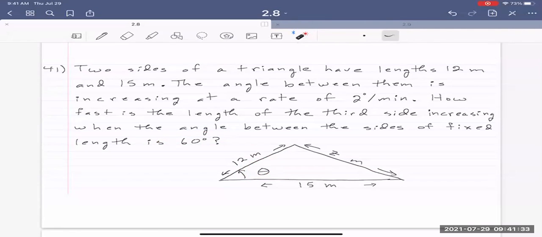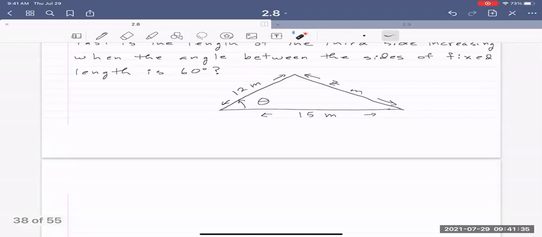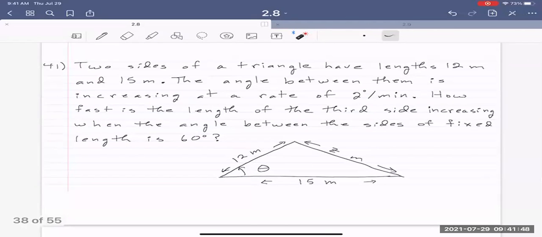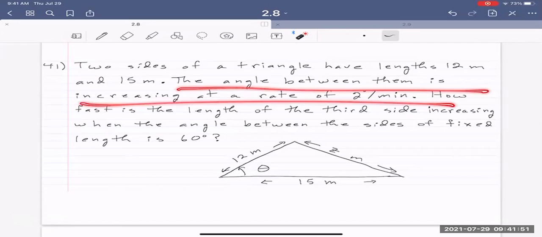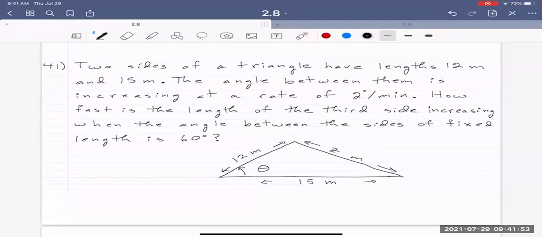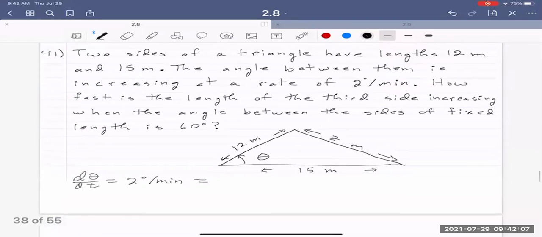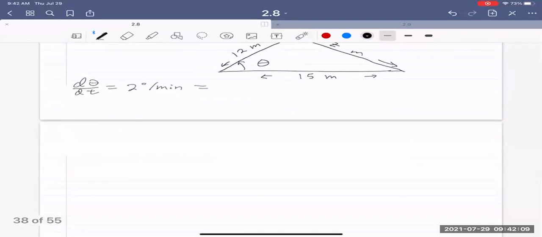Okay, so let's do this. First, I have that the angle between them is increasing at this rate. So I have that d theta/dt is equal to 2 degrees per minute. Okay. So I'm going to have to convert that to radians.